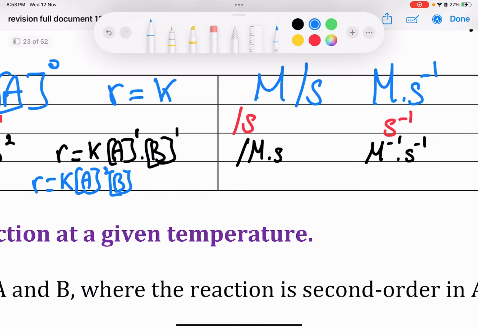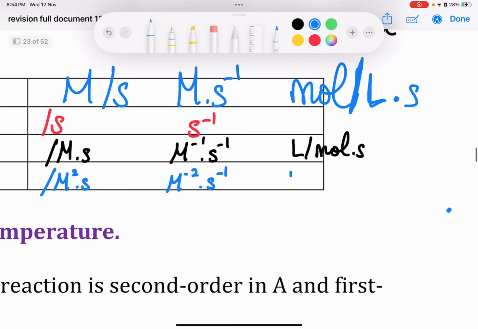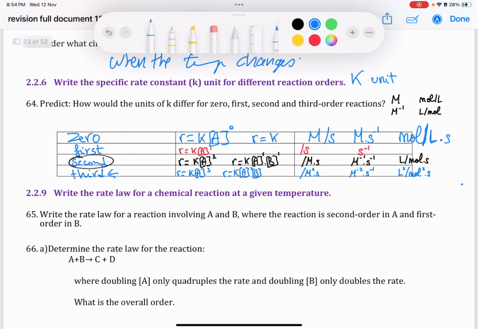So what would be the unit? It is per M squared S, or M minus 2 S minus 1, or L squared per mole squared S. So you should memorize these units.